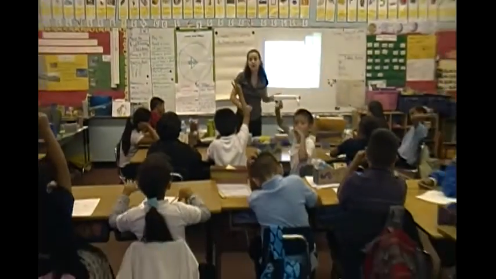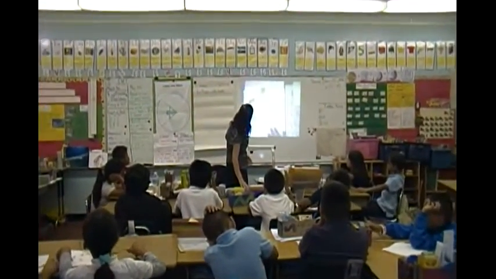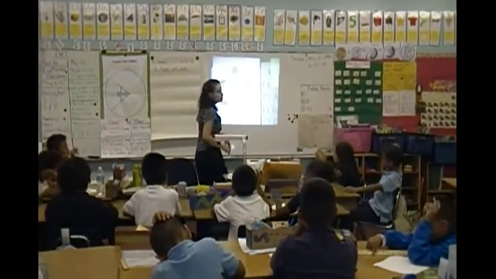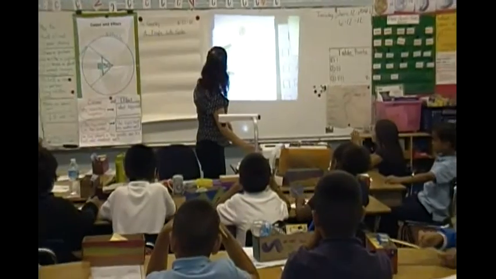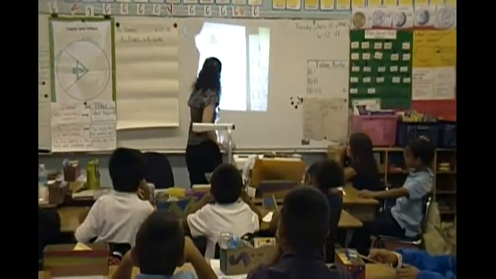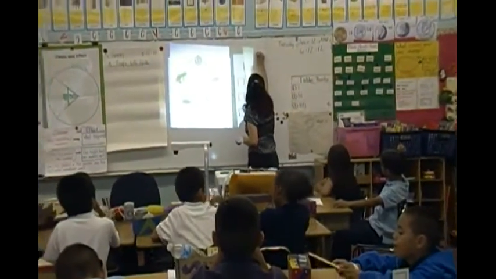So what we're going to do is we are going to write about our diagram. And we are going to use transition words to write about our diagram. What are transition words or sequencing words? Let's think about them.